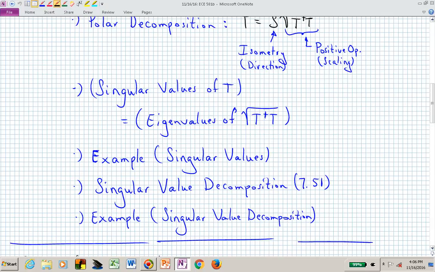And these singular values are non-negative numbers. They don't have a negative sign to them. Singular values are always going to be non-negative. We'll get into an example of singular values.